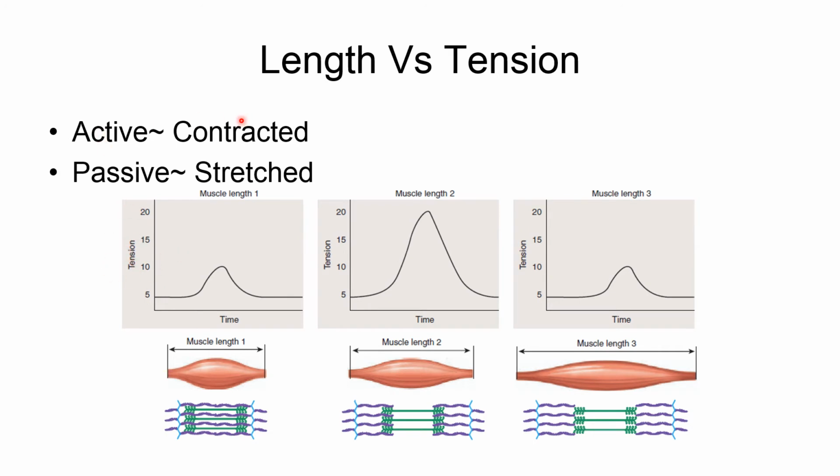One is active, that is due to contraction, and the other is passive, that is due to stretching of the muscles. Because muscles are elastic, if we stretch them they will recoil and produce a force called passive force, the force of stretch. And if muscles are stimulated by a neuron, then they contract and actively produce a force.